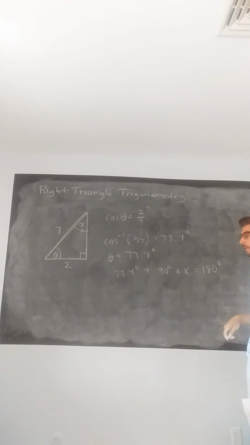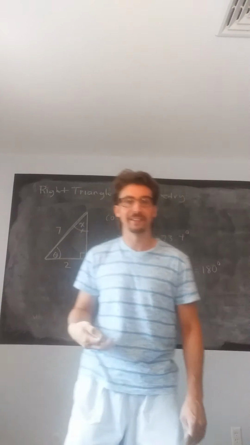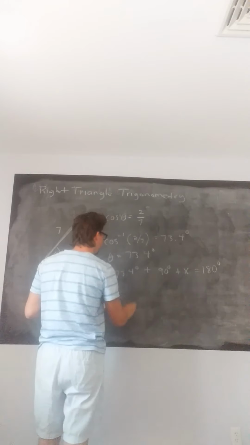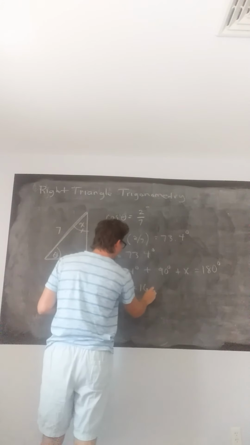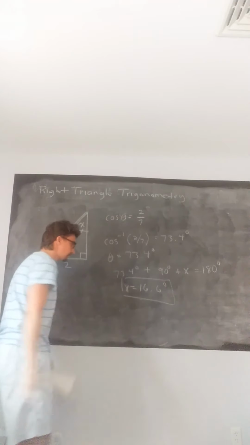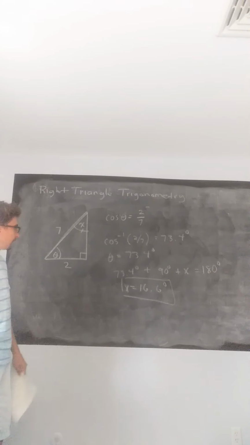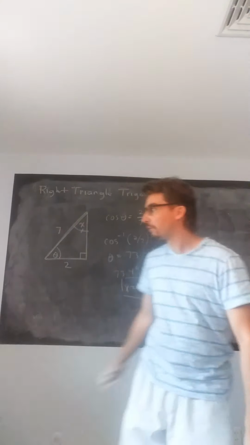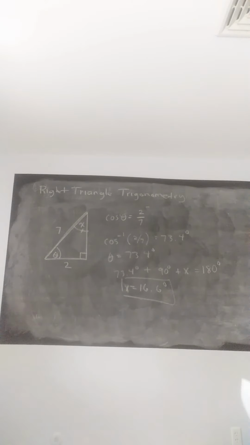So we can do a little bit of algebra here to figure it out, or you can just use arithmetic actually, but the algebra is a little fancier, right? So if you do this, you're going to get x is 16.6 degrees. Okay, x is 16.6. So now we have the whole triangle solved in terms of the angles.